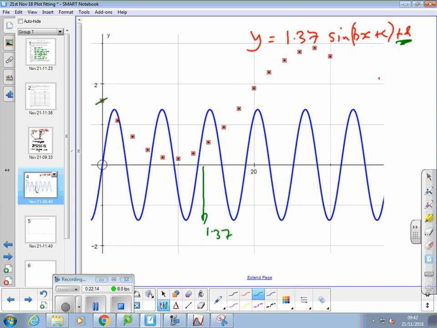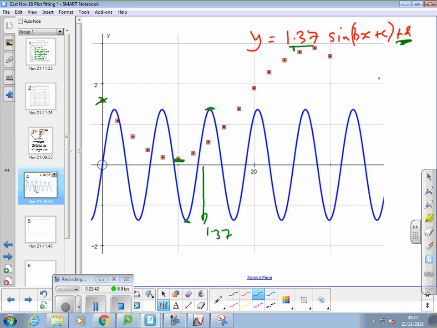I think there's a better way to look at it. We want this peak to be at that level, and we want that peak to be up there.